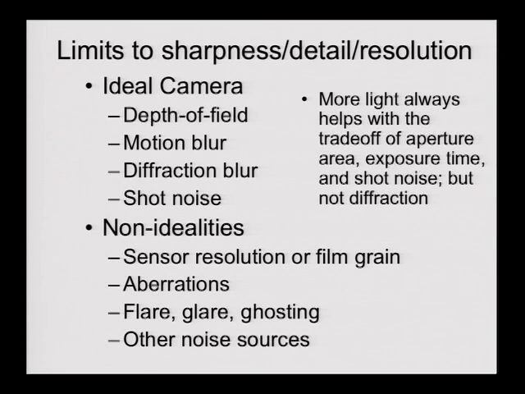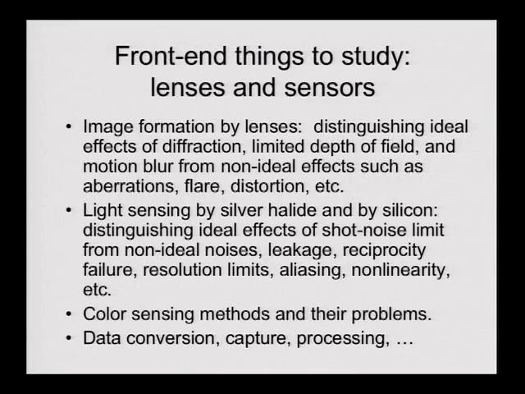Other noise sources, like electrical noise in the readout. When you're trying to count photons and your A to D converter is actually counting 5 or 50 electrons worth of noise, that's a significant non-ideality.